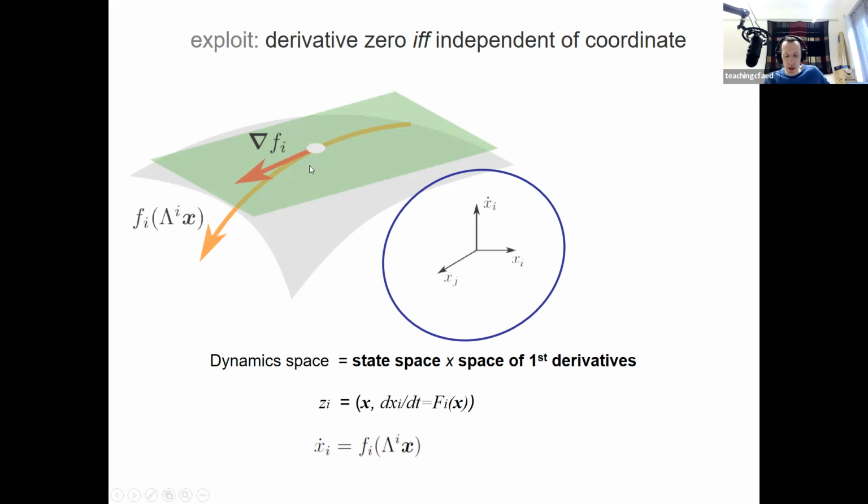That means that the function fi is constant as a function of xj, and this means it does not depend on xj. So in other words, if one variable xj does not influence the rate of change of a node I, it doesn't appear on the right-hand side, it doesn't change this f, and thus we have a relation between the topology of the interaction graph and the differential equation given here.